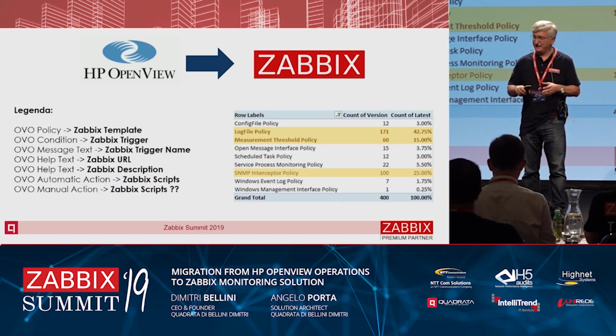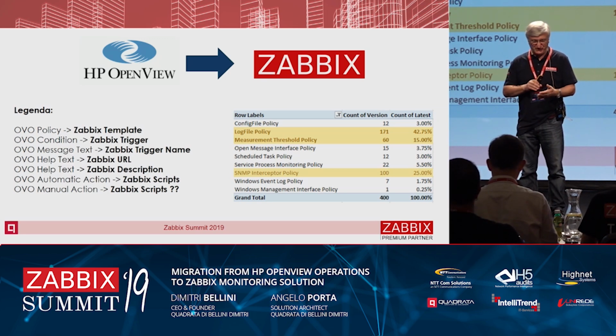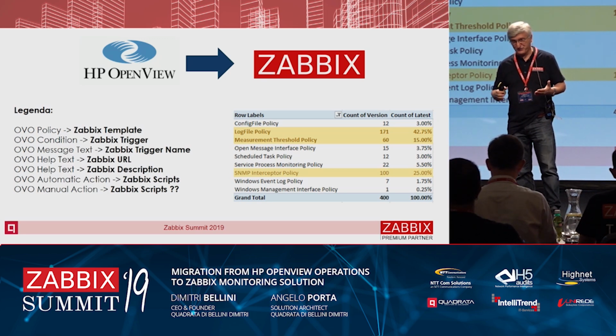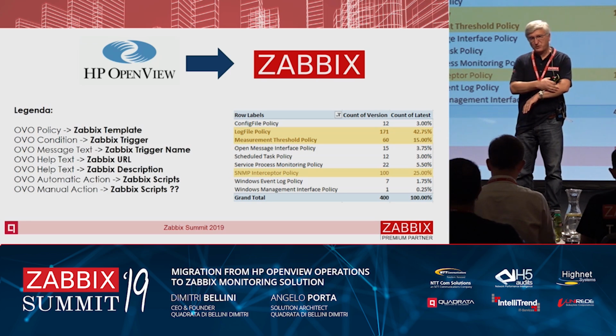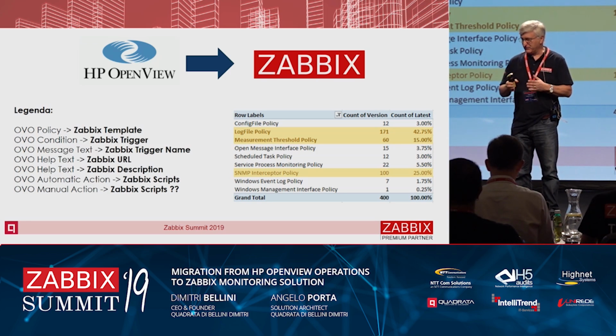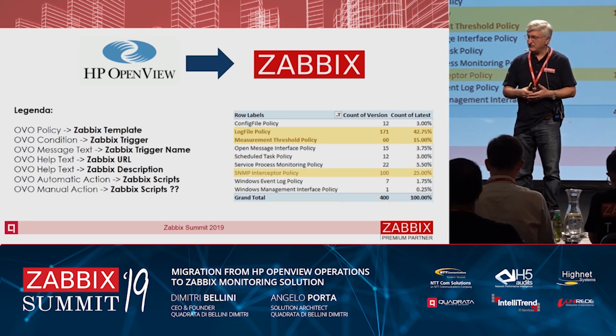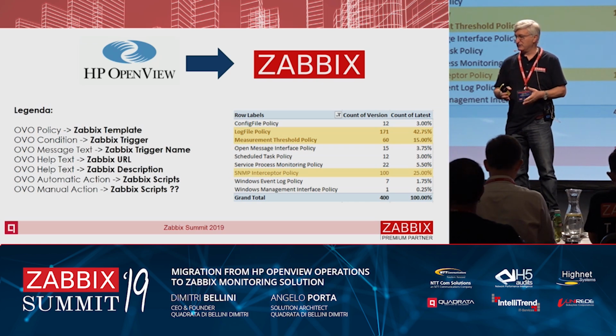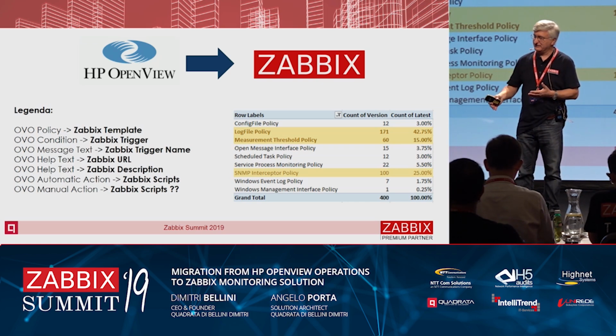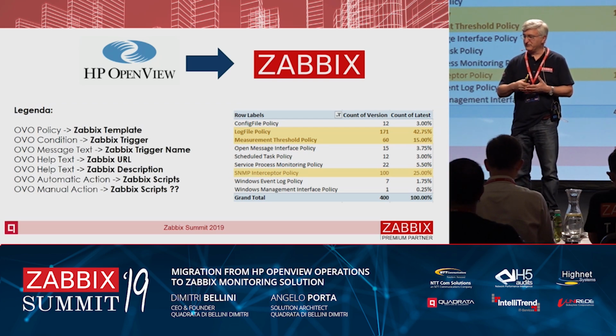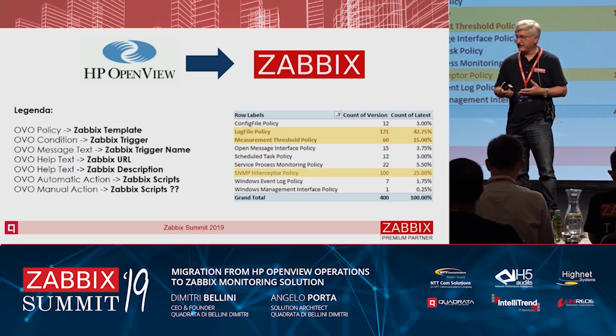Then, the first thing is to make the comparison of the terminology. The terminology is quite similar. There are some subtle differences, but basically what is an OpenView policy we can call a Zabbix template. The OpenView condition is a trigger.